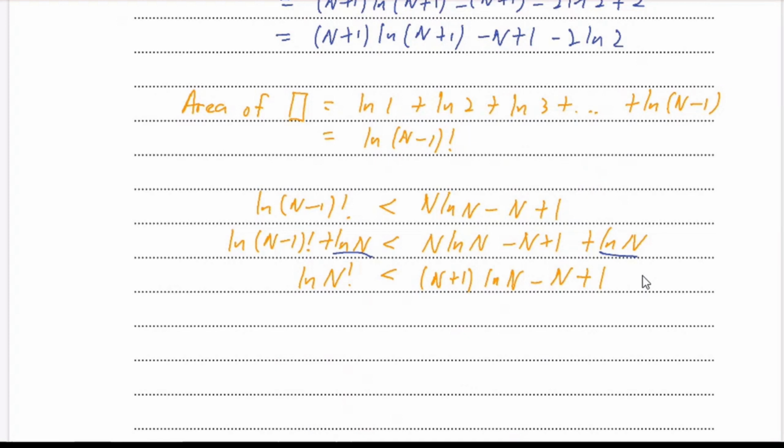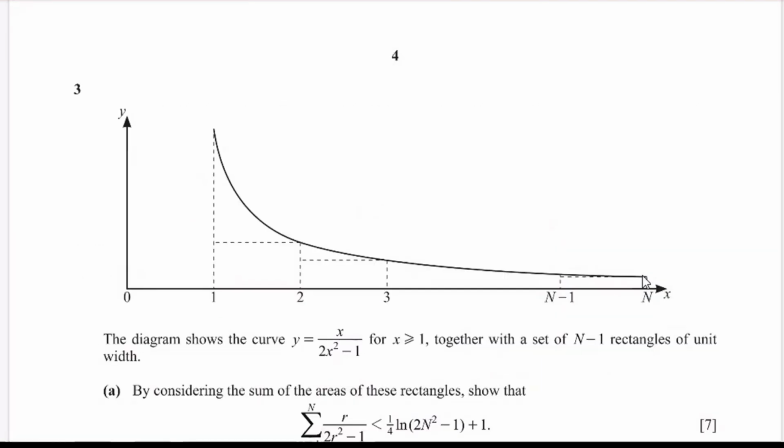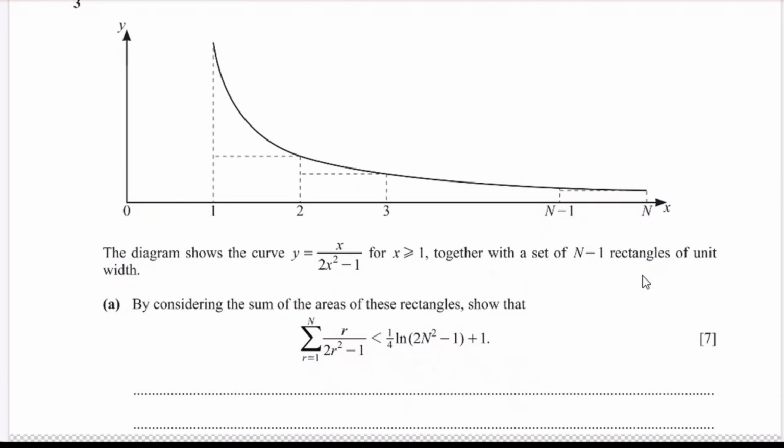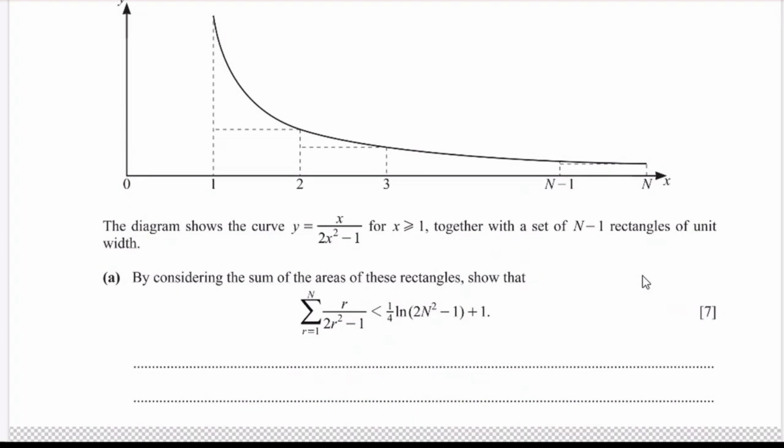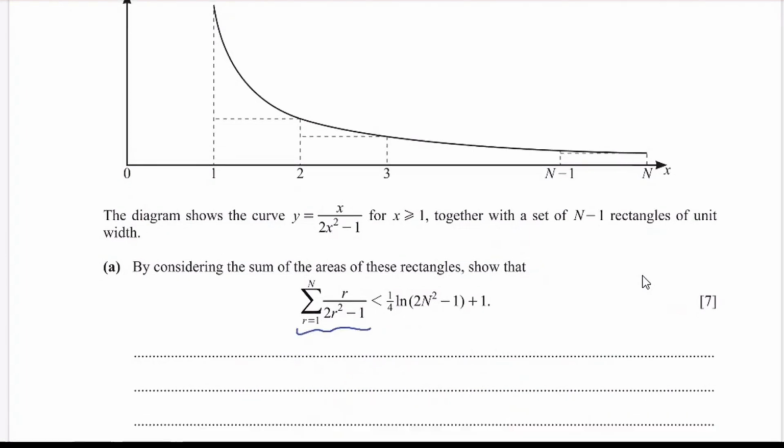So okay, we can also look at the other question here first. Let's look at this one first. Consider the sum of the area of these rectangles. Show that we have this inequality. So you can see this is a summation.